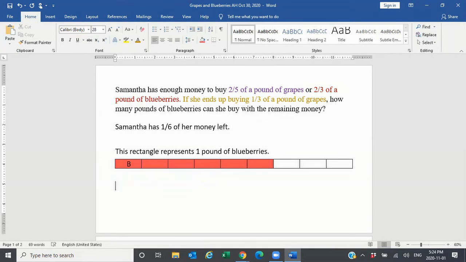Samantha can buy 1/9 because there are 9 cells here. 1, 2, 3, 4, 5, 6, 7, 8, 9. So it's 1/9 of a pound of blueberries.